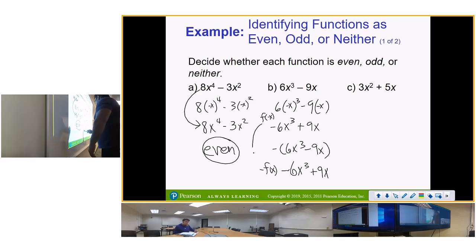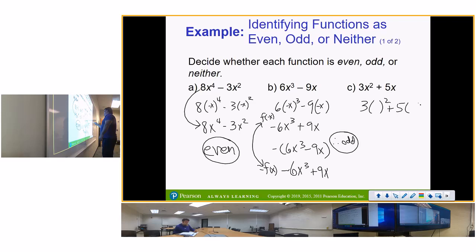So these two match, therefore this one is odd.